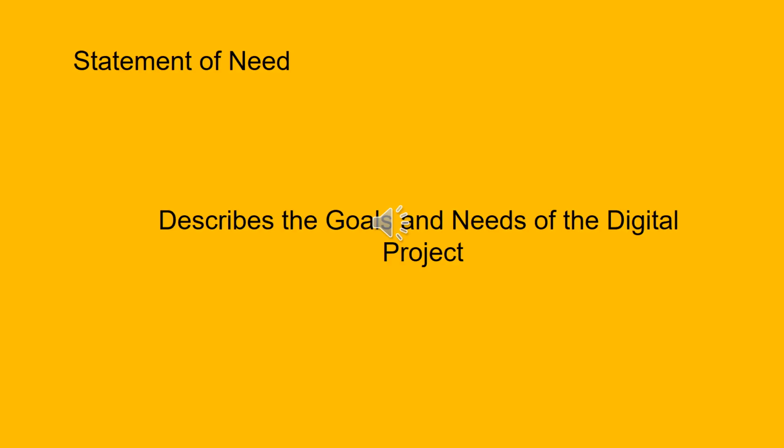In the statement of need, I explain why we need to digitize the collection: we want to preserve it, and we want to make it available to others outside of the library, to students in the local schools who can't always come and visit the library to see them, and the historic collection is part of their social studies curriculum.